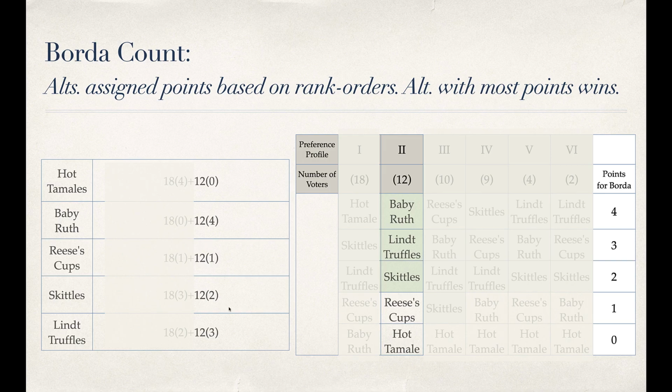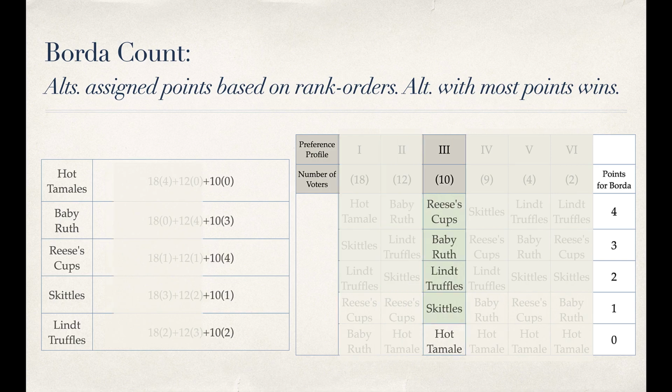And then Skittles, 12 voters give Skittles 2 points. Right here, you can see 2 points for Skittles for this group of 12. And then lastly, Lindt Truffles, 12 voters are going to give Lindt Truffles a 3 for that level on their scoring.